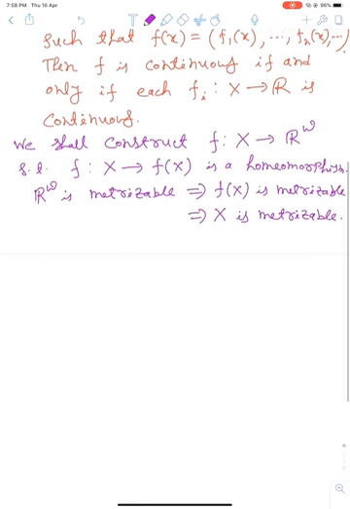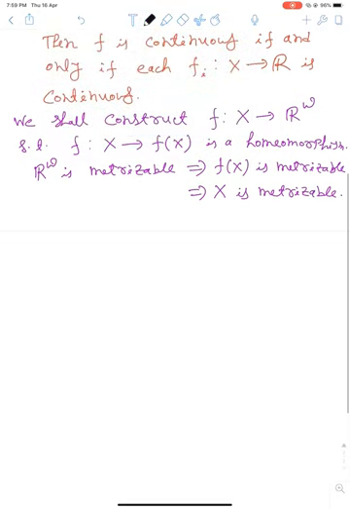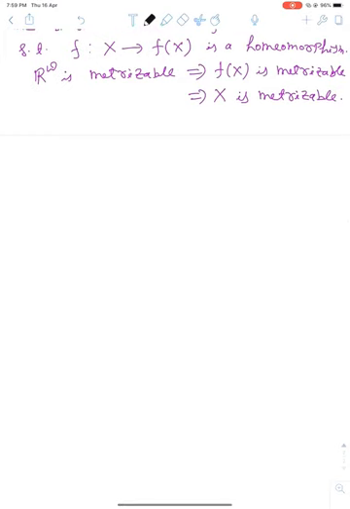Fine. Now before going to the construction of this function, we need one thing, so we can write it as a claim.